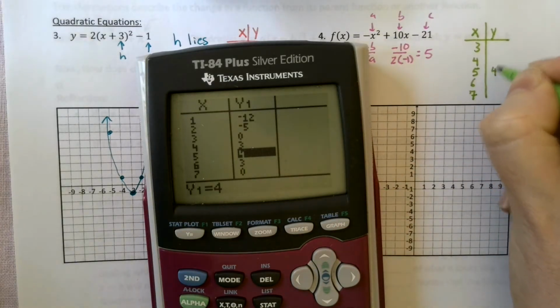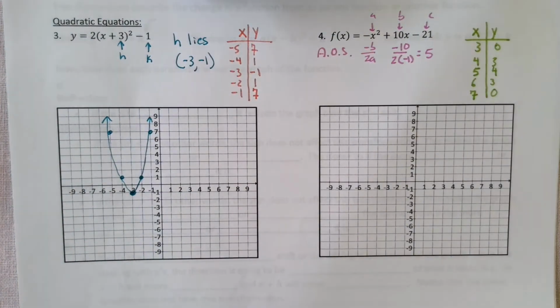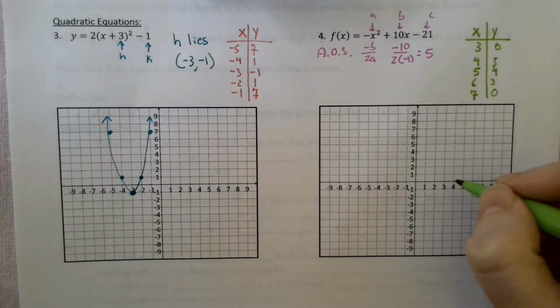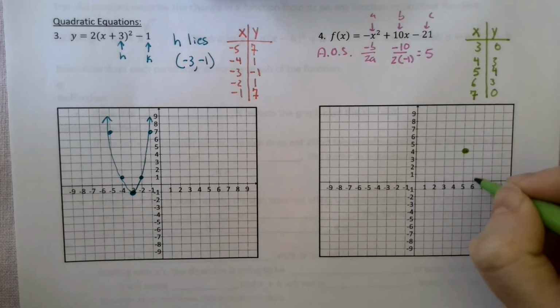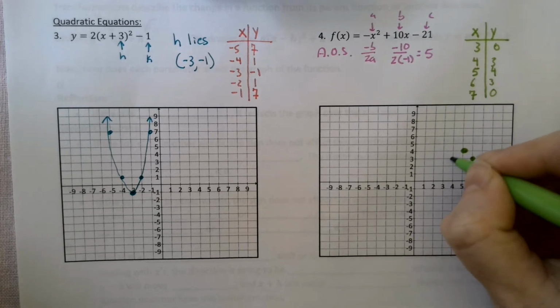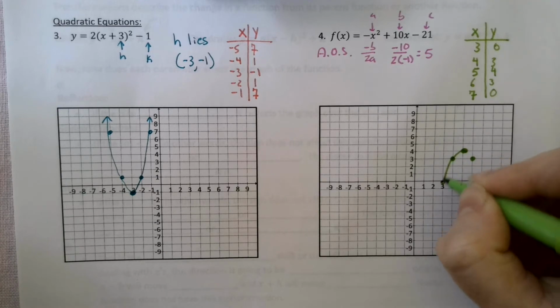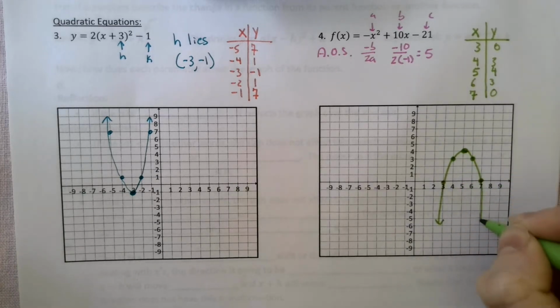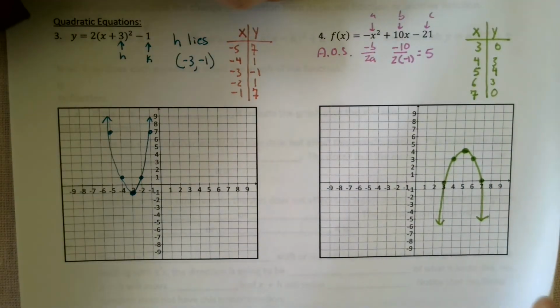So 4s, 3s, 0s. Okay. So then we can go ahead and graph that. So 5, 4, 6, 3, 4, 3, and then 7, 0, 3, 0. Awesome. Okay. And hey, look, we're done with the first page. 1 down, 3 to go.